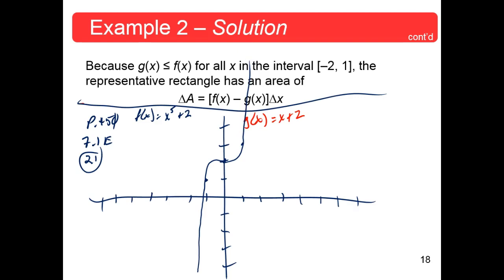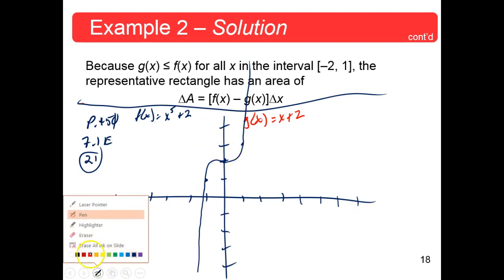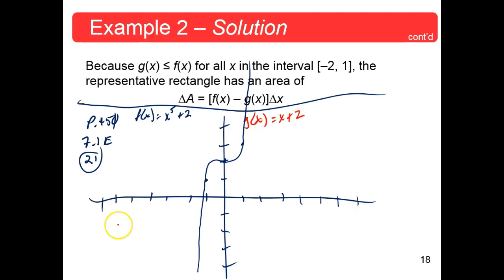Okay? And g of x is equal to x plus 2. And let me get my g color back. Here we go. At 0, it's 2. At 1, it's 3. And at 2, it's 4, and so on.